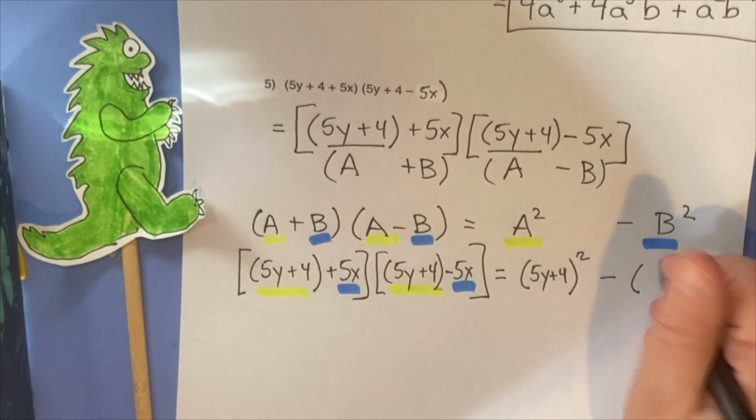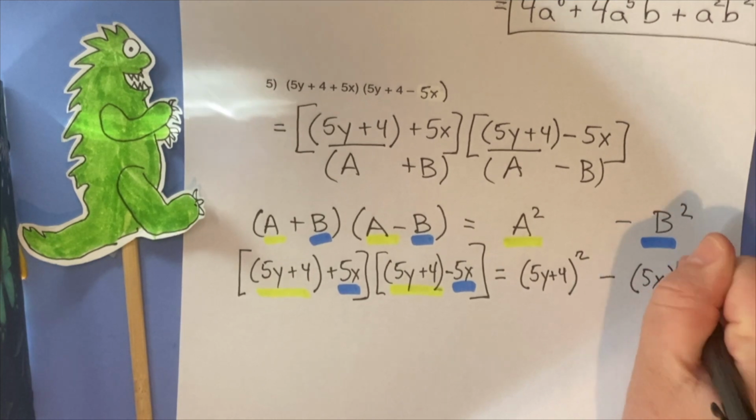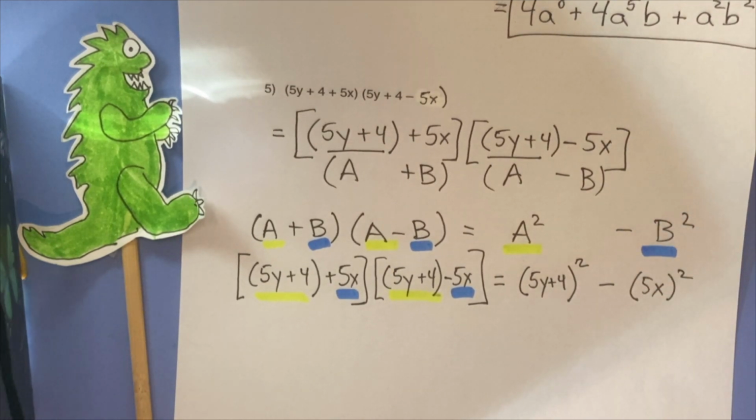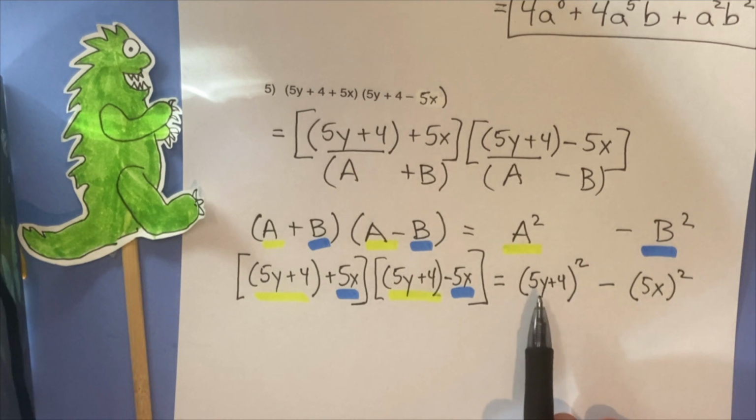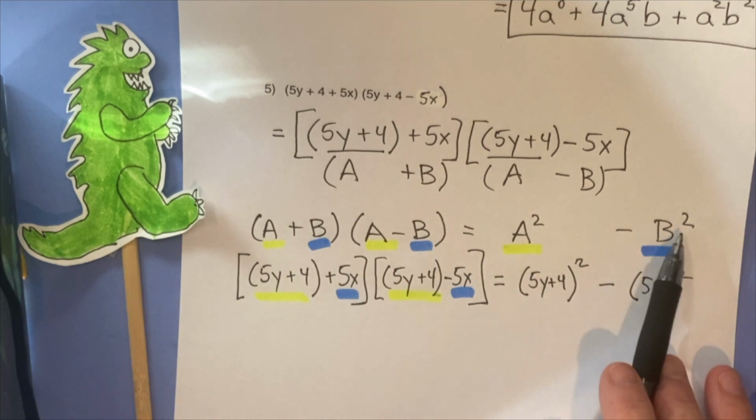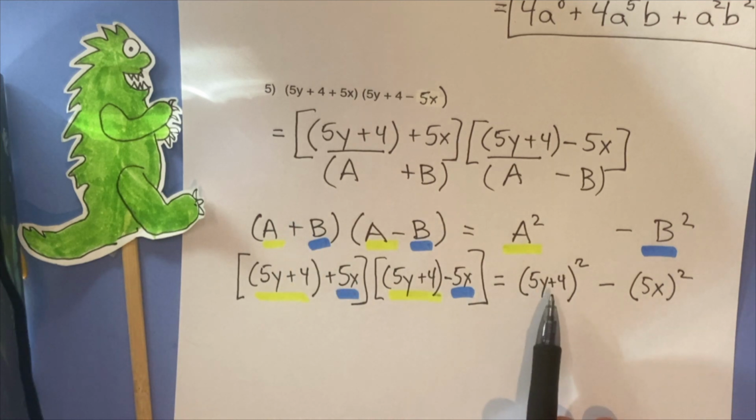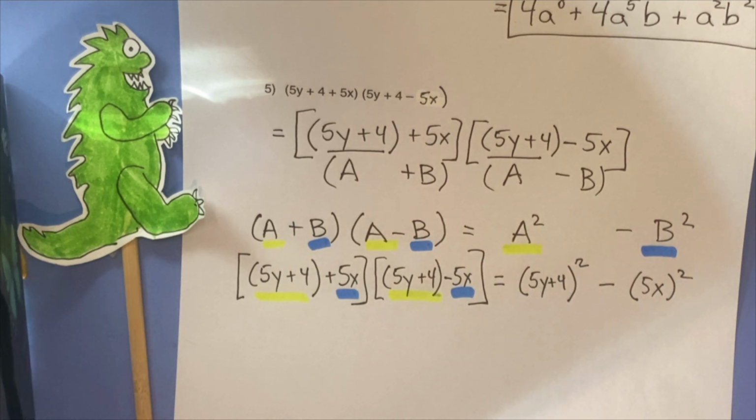That's the 5x part. And then we realize the true evil. Now, what's the true evil? The true evil is this has the difference of squares formula, but oh my gosh, this is the square of a binomial. Oh, evil. We're going to use both formulas in the same problem. I know. Sometimes it do be like that.